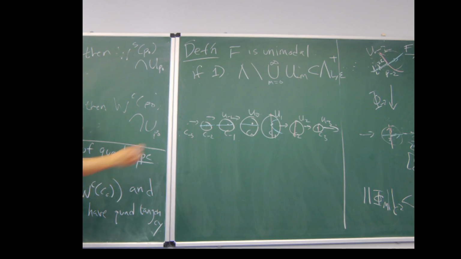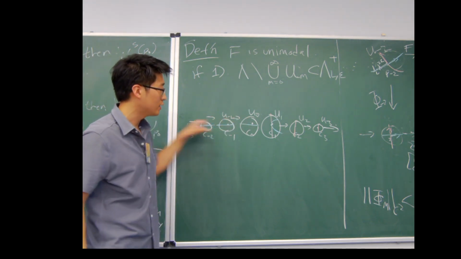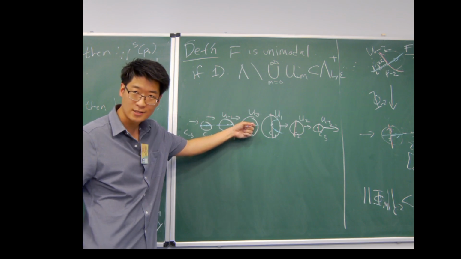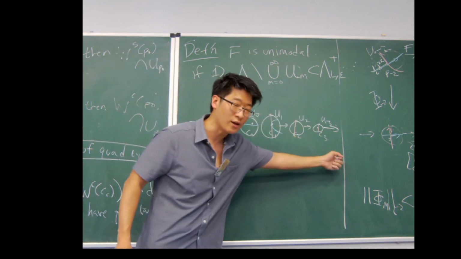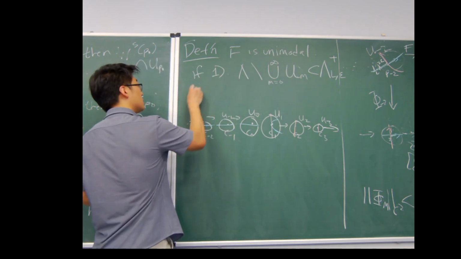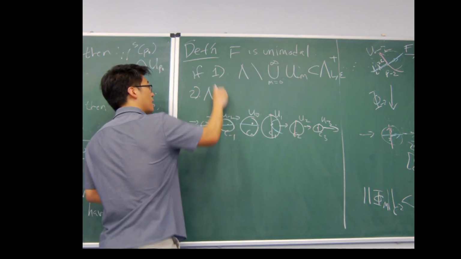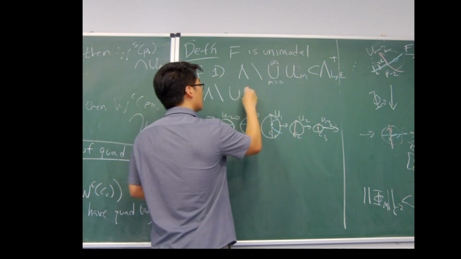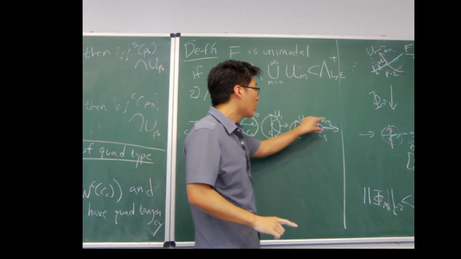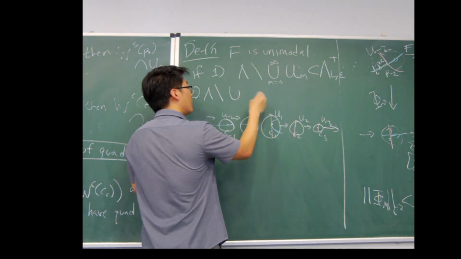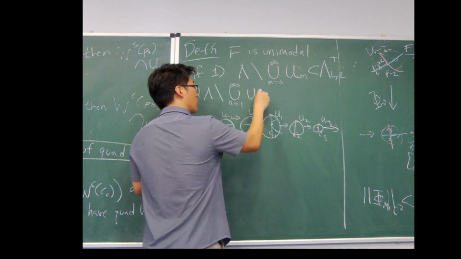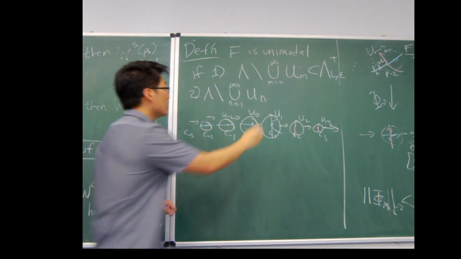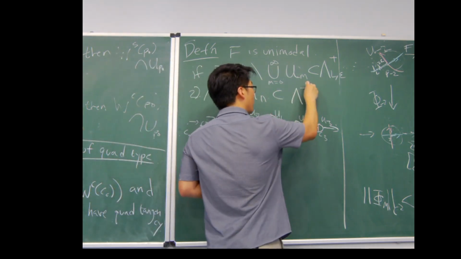So that's the first condition: if you avoid approaching the critical point too fast, then there's no problem with regularity in the forward direction. That's what it says. Second point is that if you avoid the forward regular neighborhood of the critical value, the union of the U_n, and this is uniformly backward.